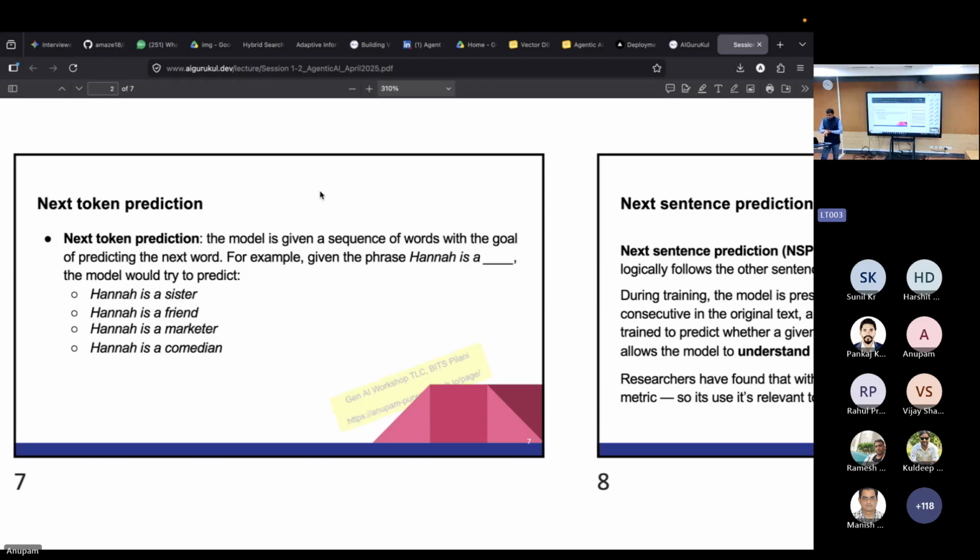If you have to complete this sentence and pick one of the options, how will you do that? All of these can be right, all of them can be wrong. If any fill in the blank is given to you, how will you approach it?